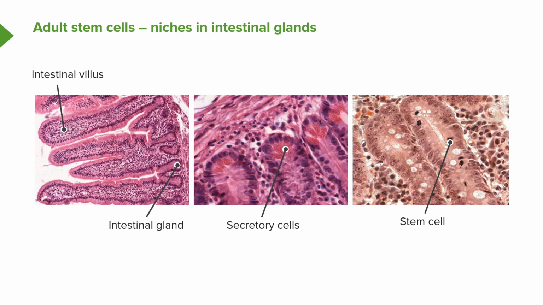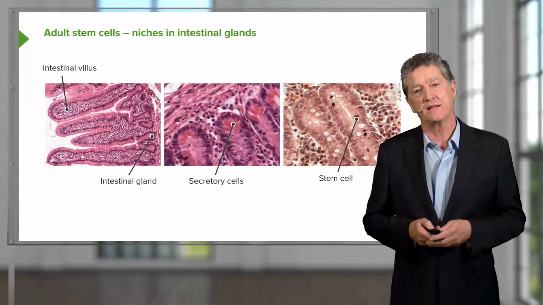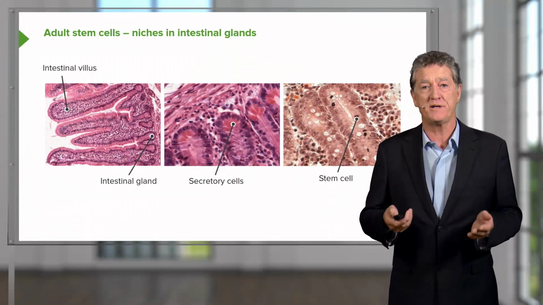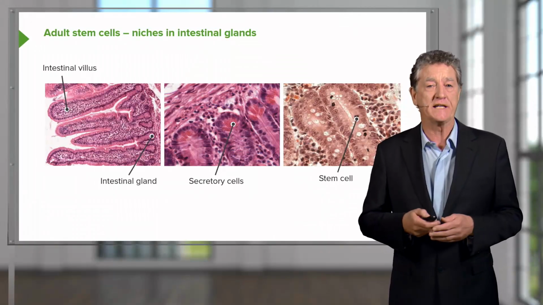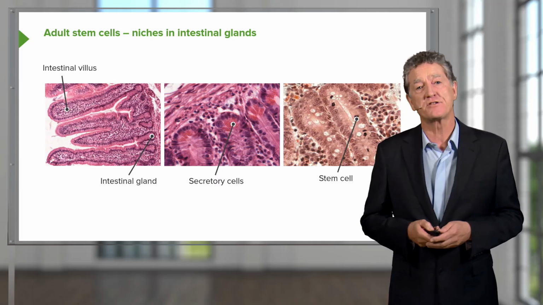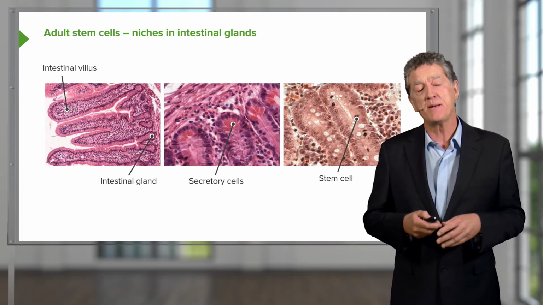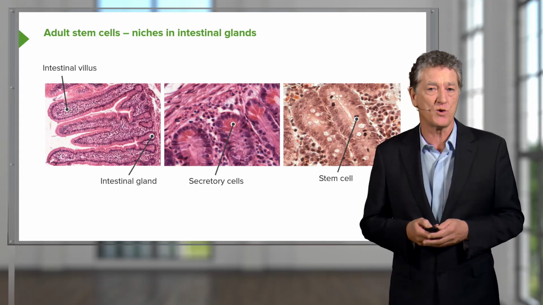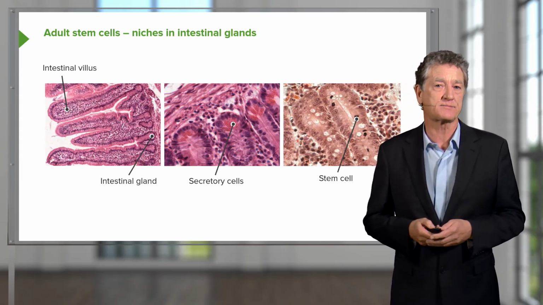Well, these stem cells at the base of these glands produce other cells that move up along the surface of the little glands, and they differentiate into secretory cells that you see in the middle section, or they can differentiate into the surface epithelial cells and be involved in the absorption of products from the lumen.